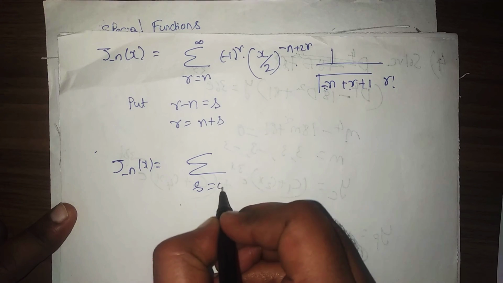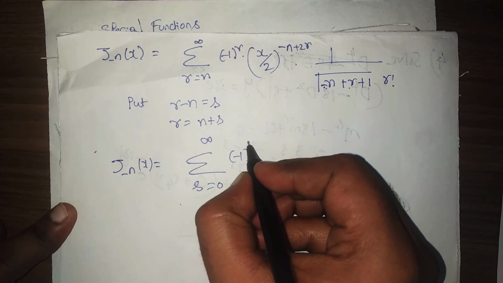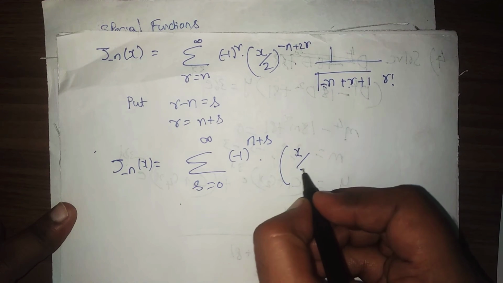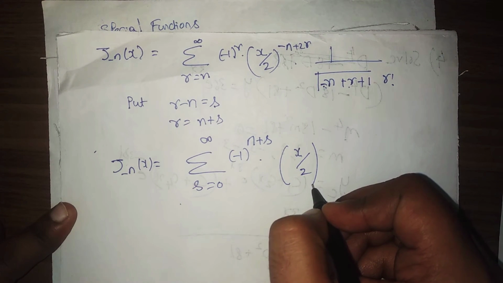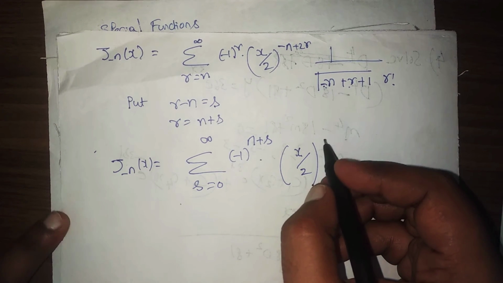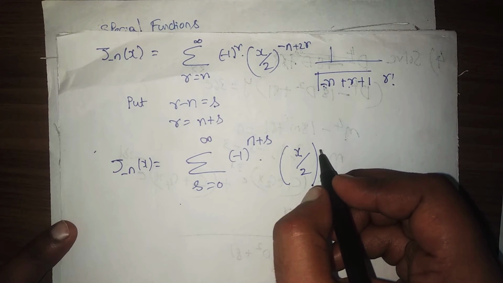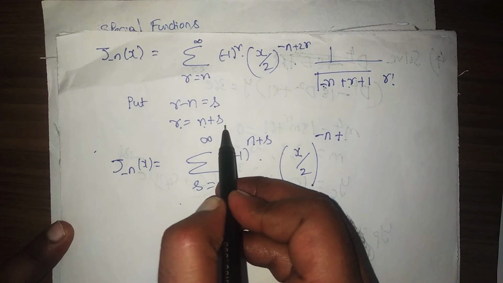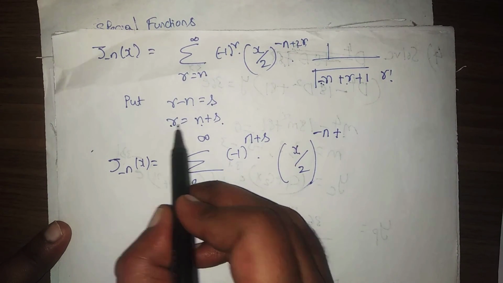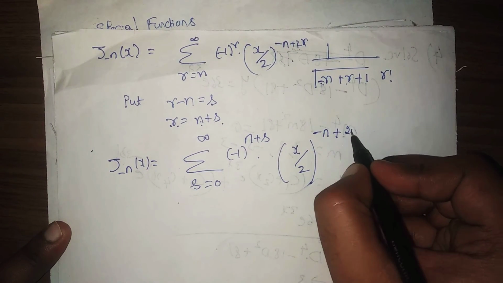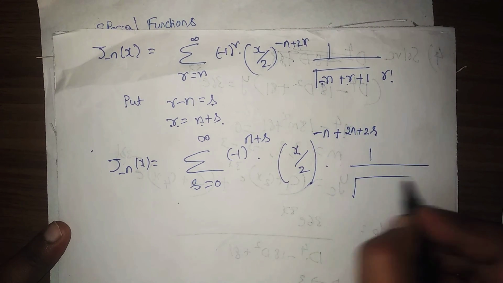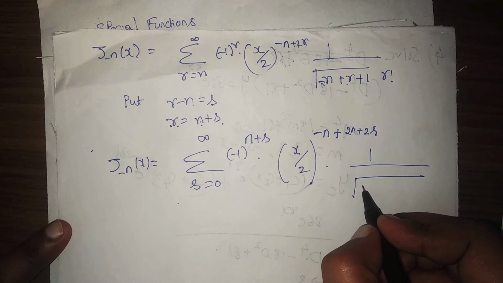It is the sum over s varies from 0 to infinity, minus 1 to the power of n plus s, into x by 2 to the power of minus n plus 2r. See here r is n plus s. What is 2r? If I multiply 2, 2n plus 2s, into 1 divided by gamma of minus n plus r plus 1.